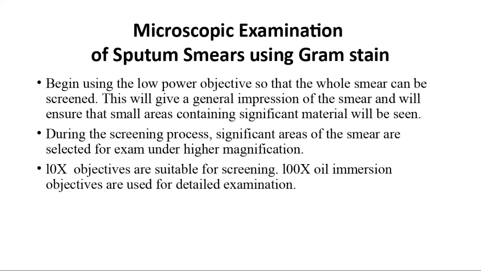So 10x is the low objective, which has 10 power. When combined with the 10 power of your eyepiece, the magnification is 100x. So 10x is the lowest objective lens.